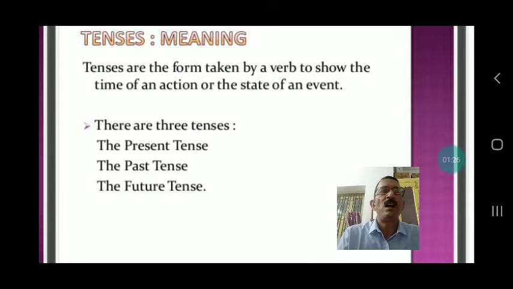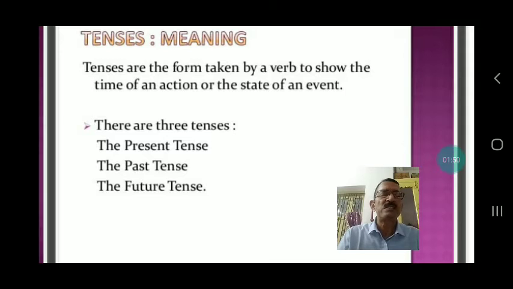Tenses are the form taken by a verb to show the time of an action or the state of an event. Means here, in what time which action is done and when it is done, how it is done, that we shall discover.